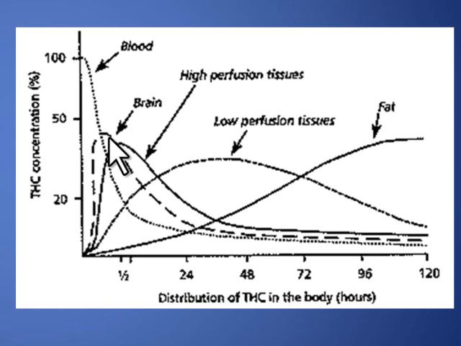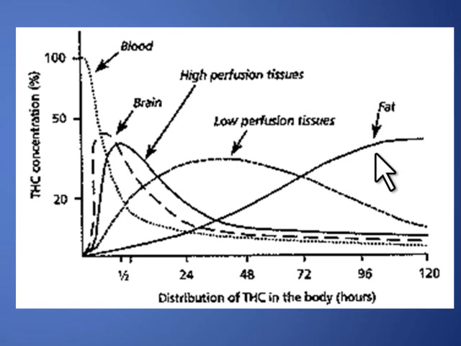The next organ to reach peak THC concentration is the brain, which is a relatively small organ that receives a large amount of cardiac output. Next in order, we see distribution to the highly perfused organs, the less perfused organs, and finally to fat tissue.